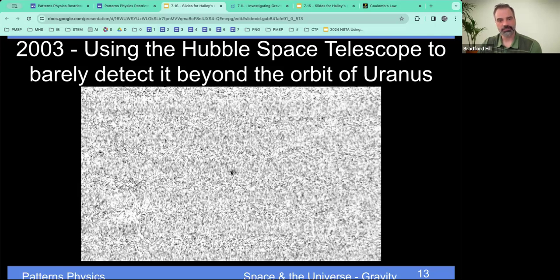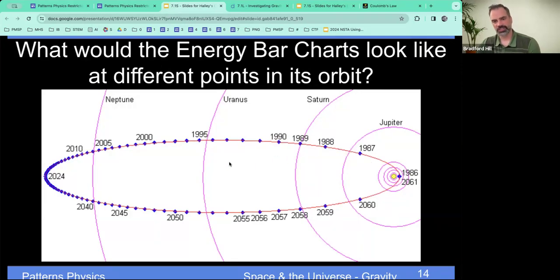So they did take a picture, and of course, as it gets away from the sun, it's increasingly hard to see. And then here's a little bit of a timestamp of that elliptical orbit. So 2003, and of course now at 2024, really one of the farthest in its elliptical orbit. I was going to say apogee. I'm not sure.